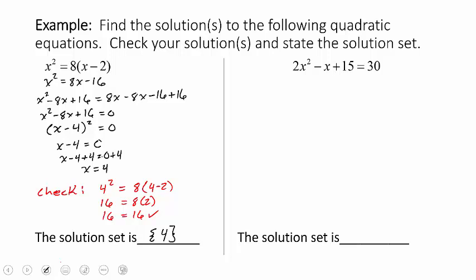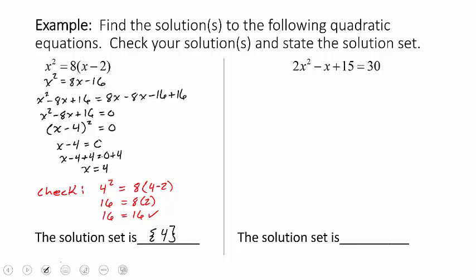That's okay. So in this second example, I have 2x squared minus x plus 15 equal to 30. Okay, careful here, folks. A lot of you are just going to start trying to factor that. You have to set it equal to 0 first before you can do anything, right? That's the ticket. Just like in the first example, I had some algebra to do.